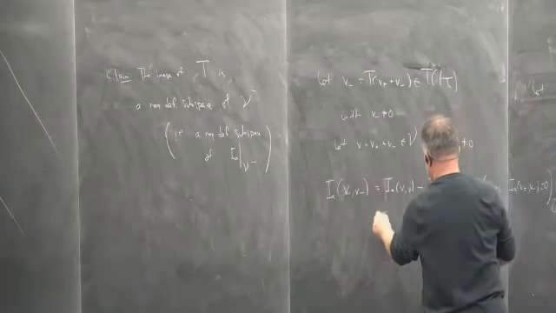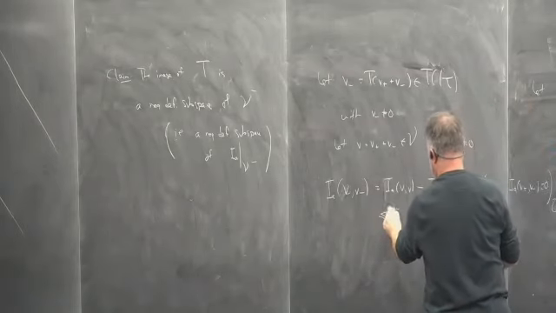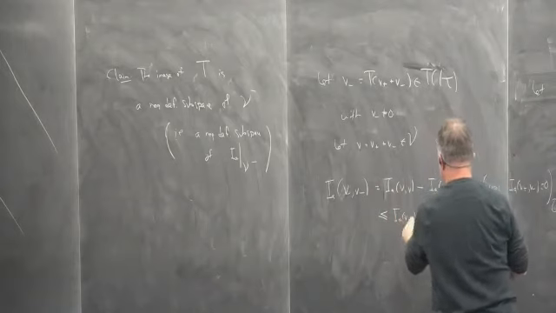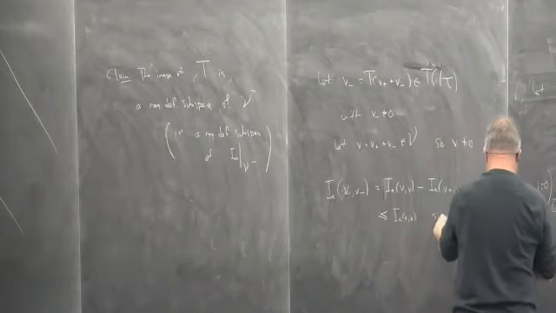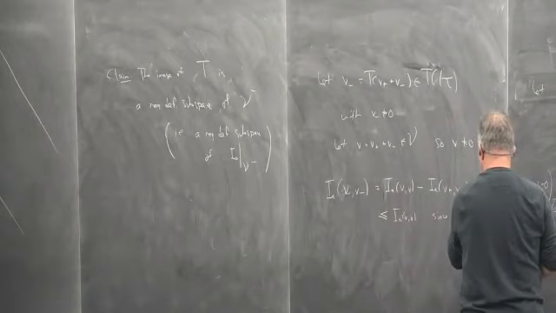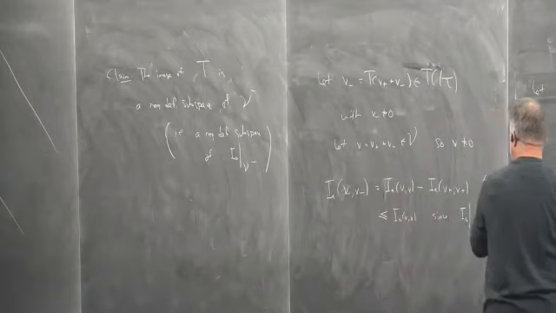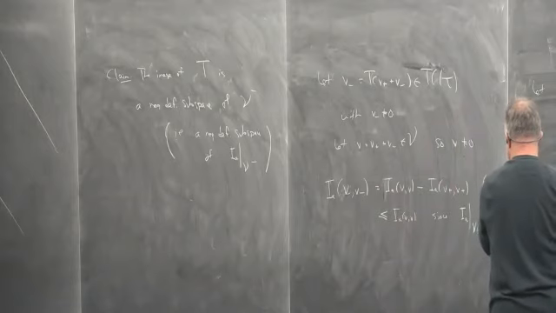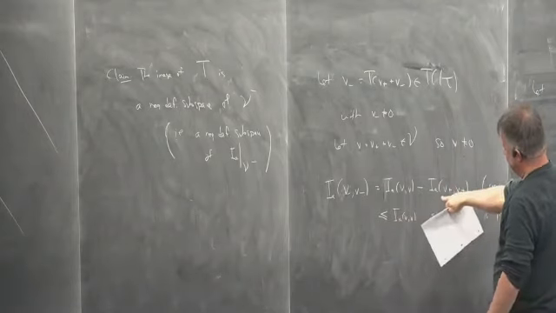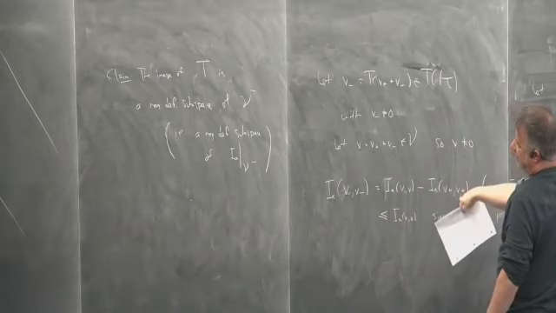And then this is less than or equal to IA of VV, since IA restricted to V plus is positive definite, right? I don't know that this is strictly positive because I don't know that V plus is 0.